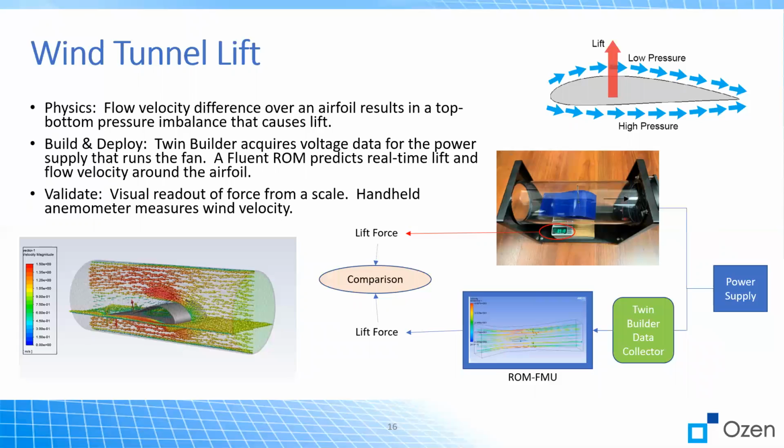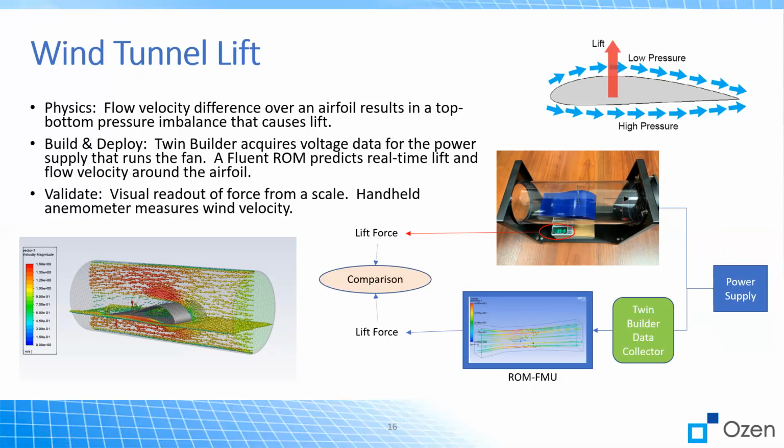For the wind tunnel, the problem was a very small wind tunnel test that based on the voltage, you have a fan rotating and creating some wind, and that wind creates a lift force, and we measured that. So first we created a digital twin out of it. We built a model in FLUENT and created a response surface and reduced order model out of it.